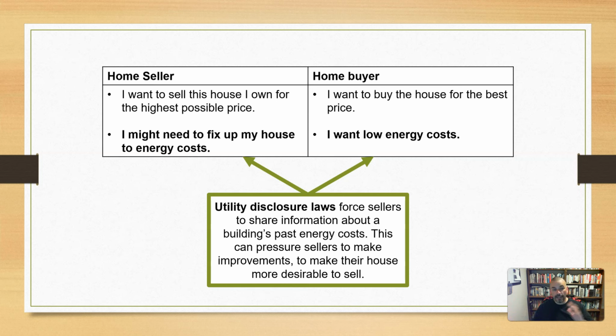So by showing the utility bills, both the seller and the buyer have an interest in low energy costs. And of course, once we do this, it's benefiting everyone in the larger society and the larger world with lower energy use and fewer emissions as a result.